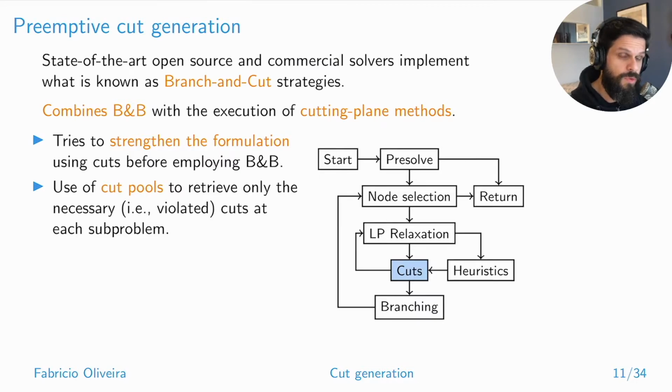You don't have the constraints explicitly considered in, say, your simplex tableau or in your B matrices. But once you find a basis and you want to check whether that is optimal, you refer to the cut pool and check whether that solution satisfies all the cuts in your cut pool. Because if it doesn't, then you have to retrieve the constraint that is being violated and bring it to your basis, or to a B matrix.